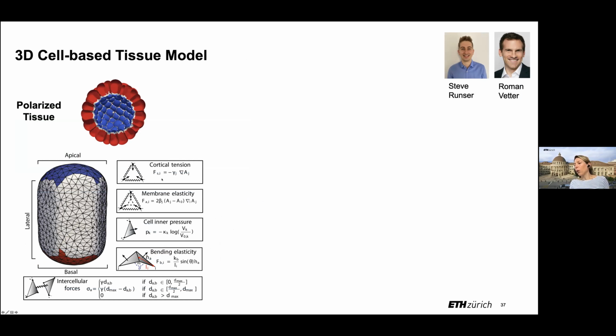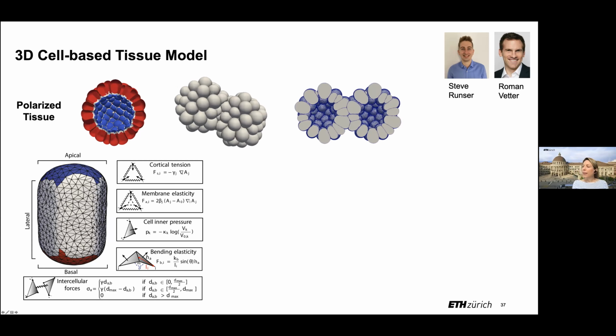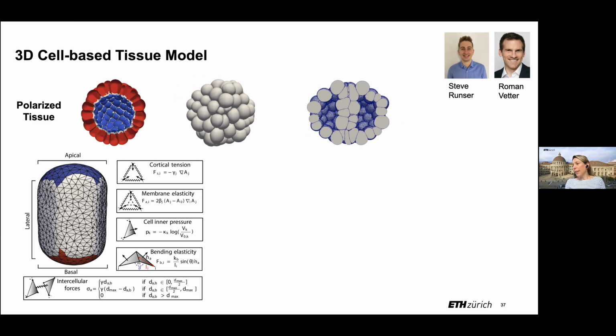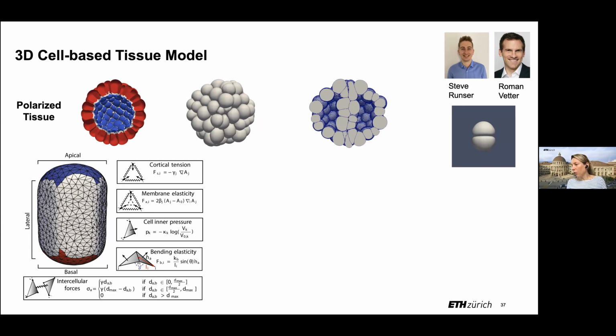So we have cortical tension, we have a membrane elasticity, we use an inner cell pressure to control the volume, we have a bending elasticity, and we have intercellular forces to model adhesion. The cells are polarized, so we can have different properties on the apical and basal side. And here you see an example of how deformable the cells are. And we can obviously also have cell division, so we can divide them any way we want.